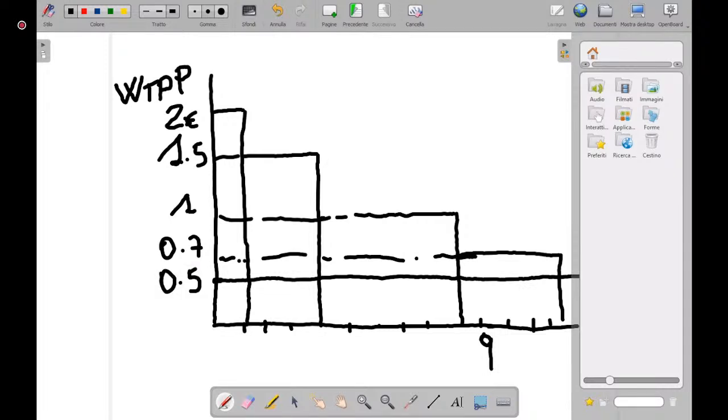It means that if you have a willingness to pay above the market price, you will buy the bottle of water, even if I have the possibility to have more than one bottle, and I sell you each one of the bottles for half a euro.